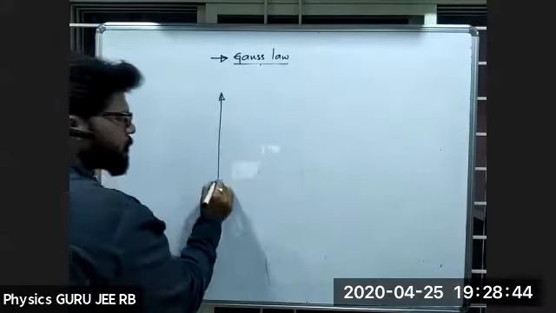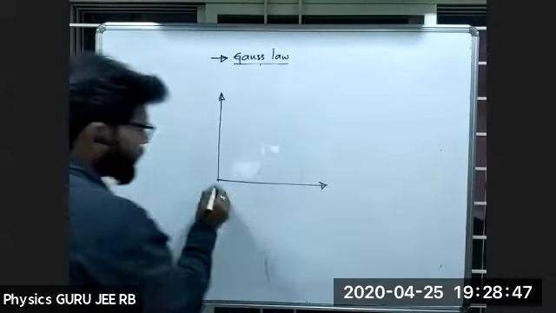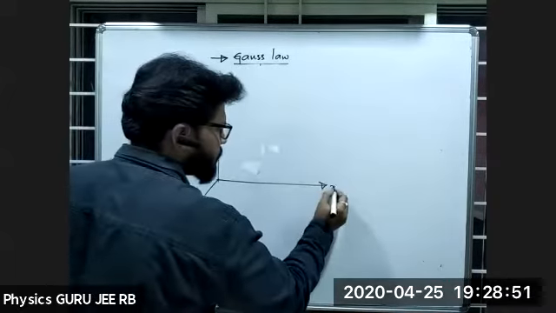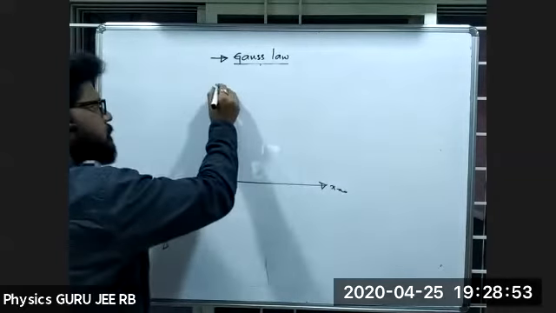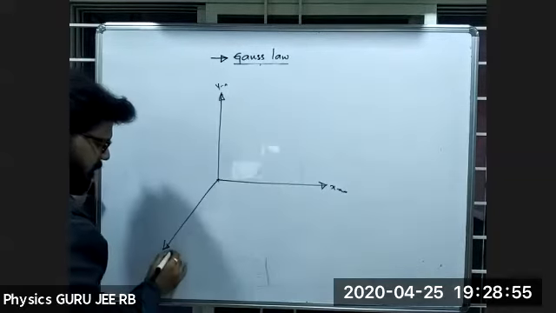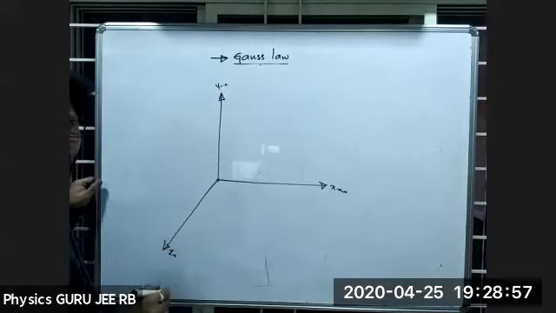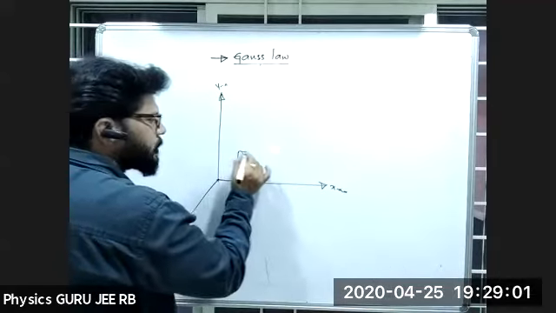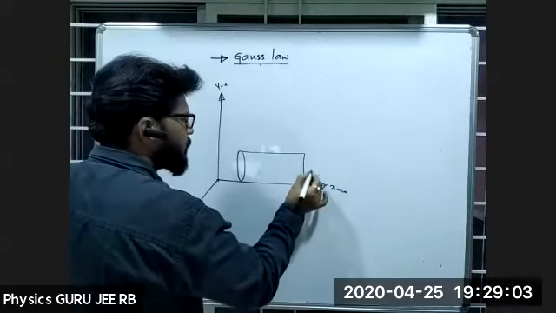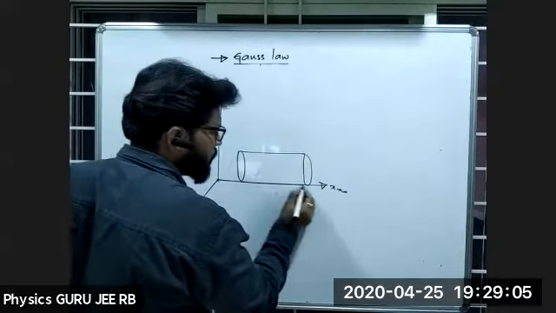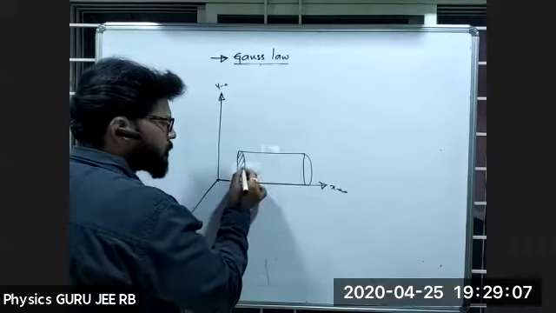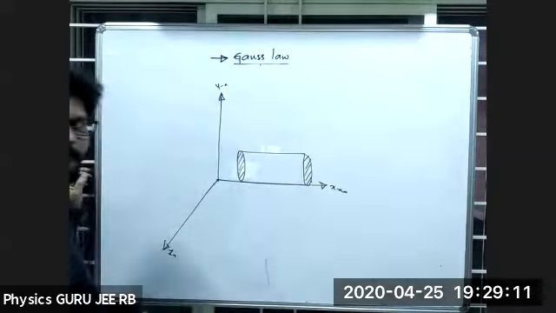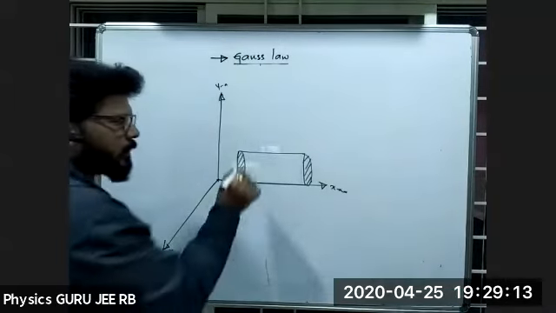Here I'm taking coordinates: X-axis, Y-axis, and Z-axis. There is a cylinder, three dimensional. Hope you are able to see now. This is a cylinder of length L.